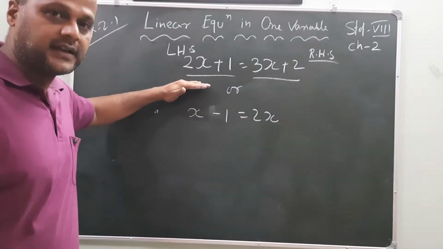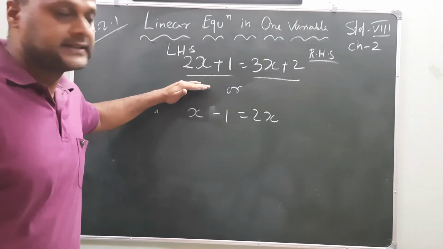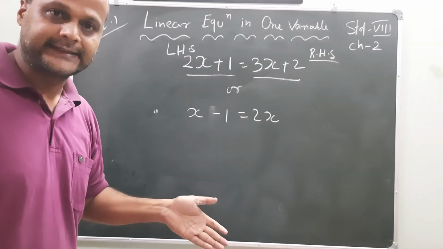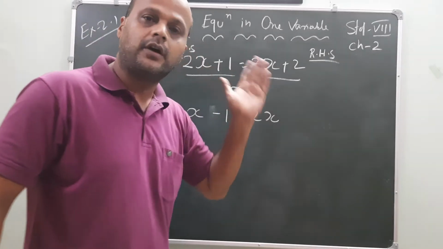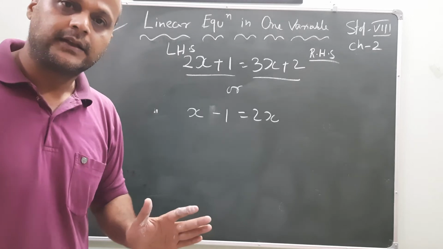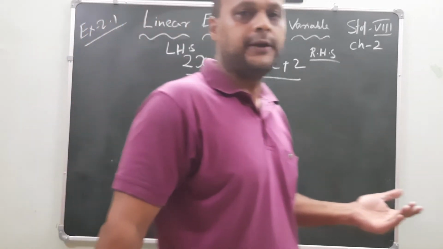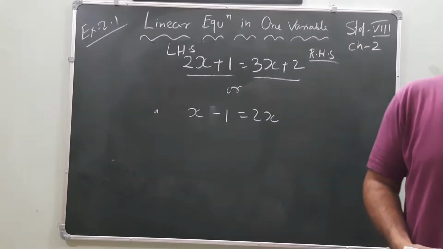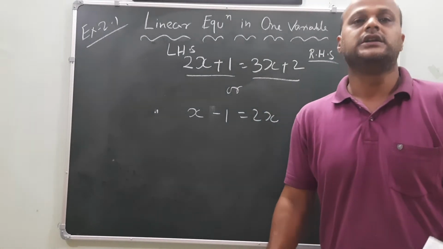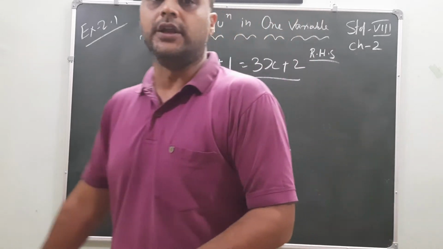In the left hand side, variable x is there. In the right hand side, variable x is also there. When the variable is on both sides, that equation is also called a linear equation in one variable.